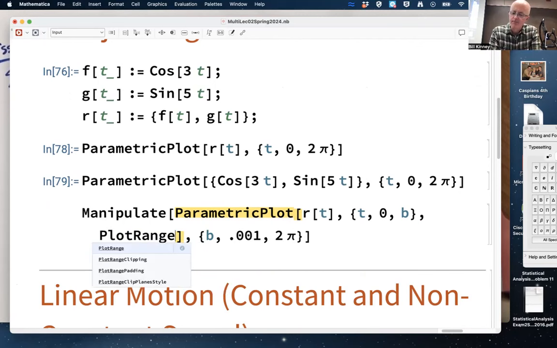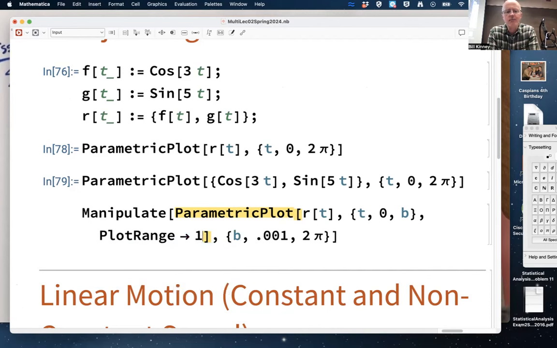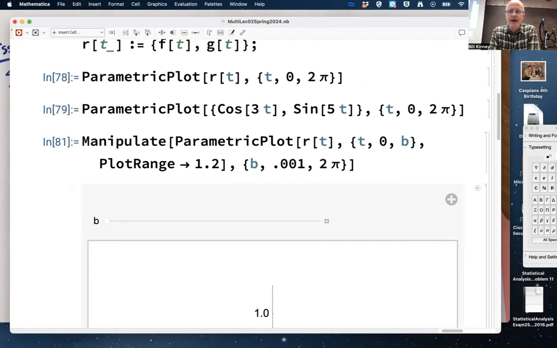To make an arrow, put a minus sign and a greater than sign. And if I put, say, a 1.2 or something, that'll be good enough. What that's going to do is make xmin, xmax, ymin, and ymax be plus or minus 1.2 in both cases. Then we're looking at the entire window right from the start.